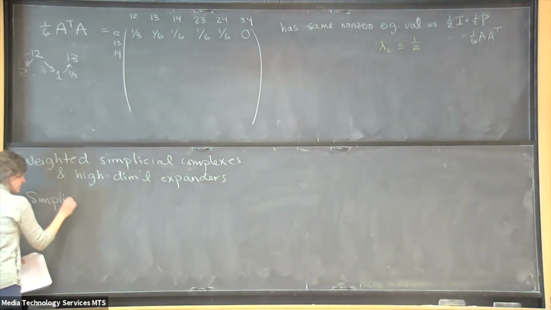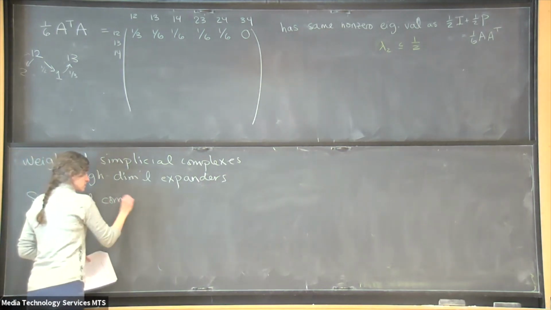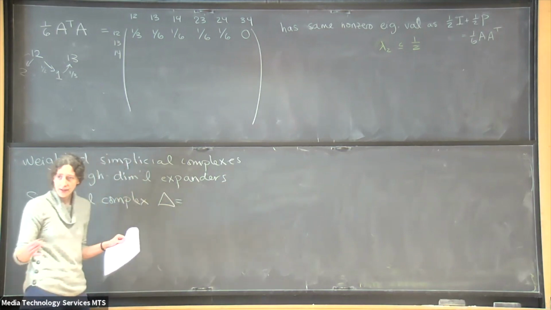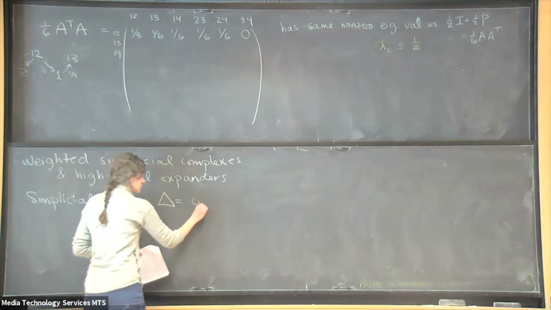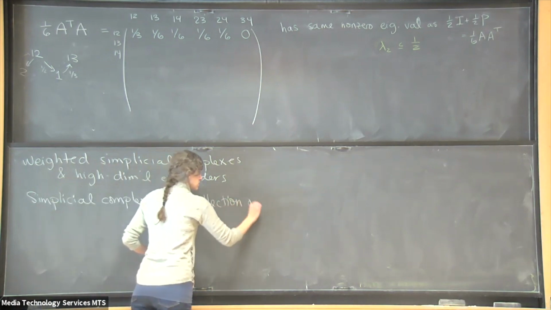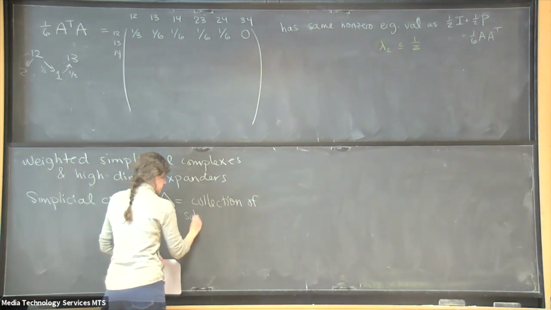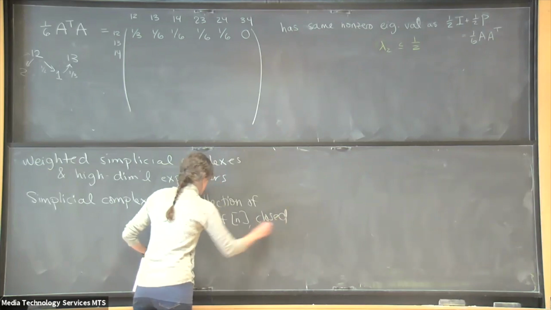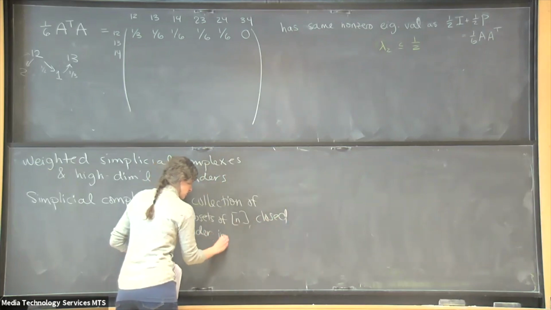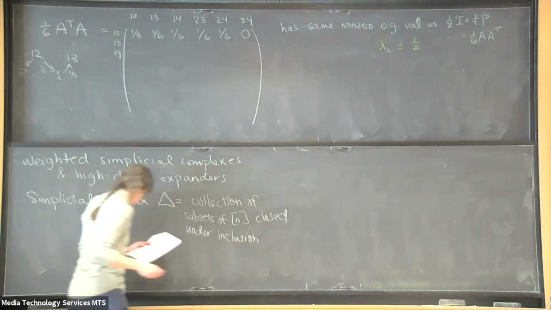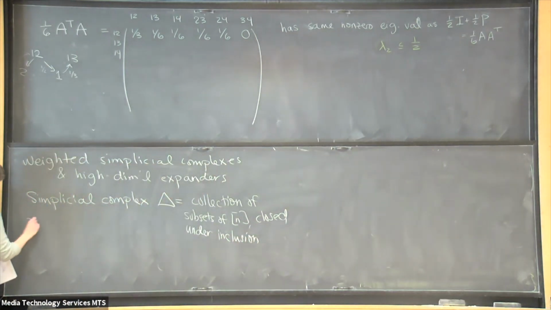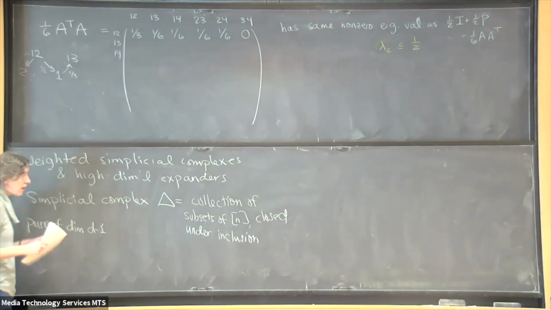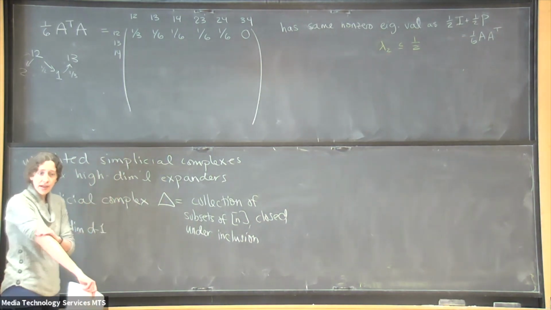So a simplicial complex denoted by delta is just a collection of subsets of 1 through n that's closed under inclusion. We'll say that it's pure of dimension d minus 1 if all of the maximal subsets under inclusion have the same size d.